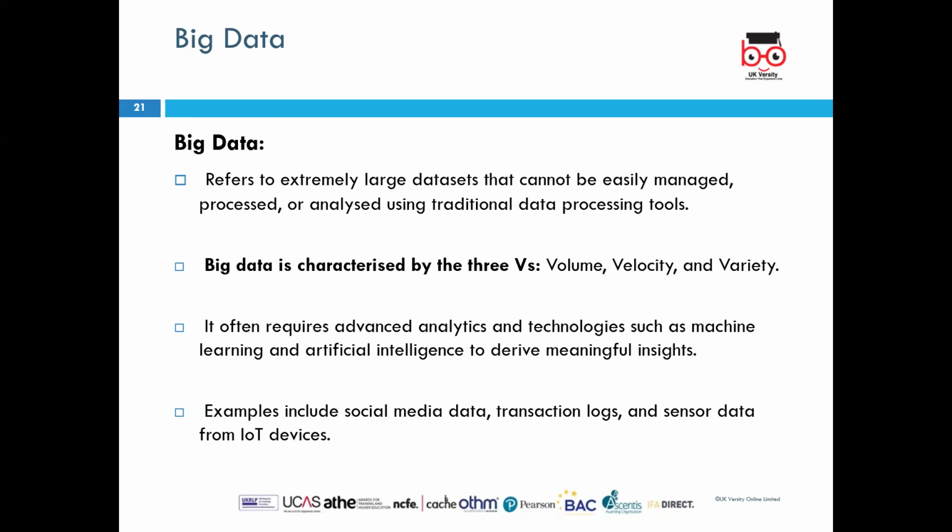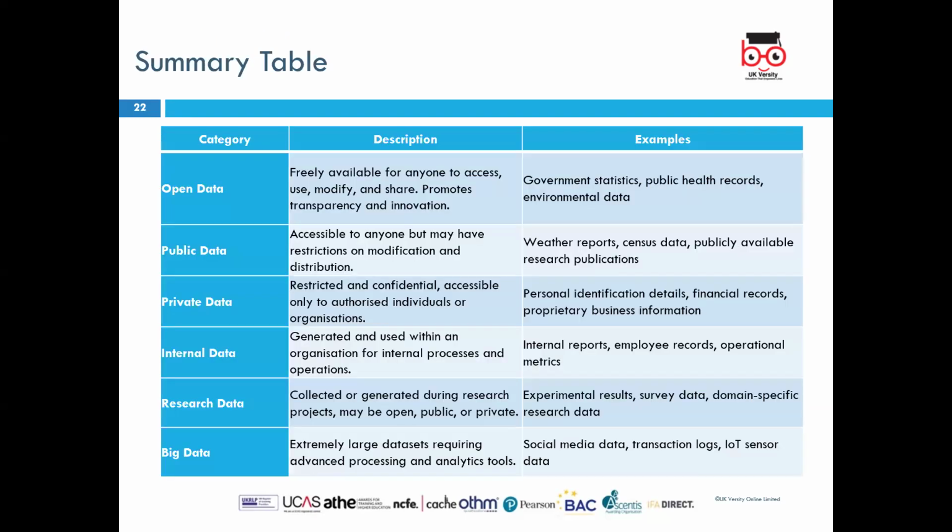We know that big data is characterized by the 3Vs: volume, velocity, and variety. So here we have a summary table for our open data, public data, private data, internal data, research data, and big data.